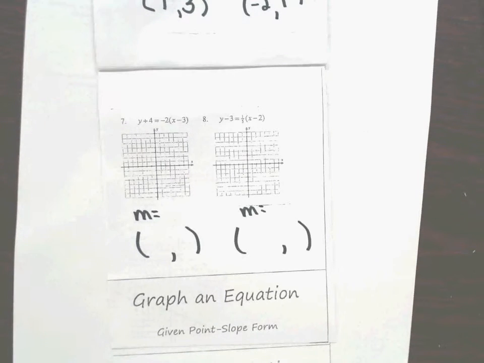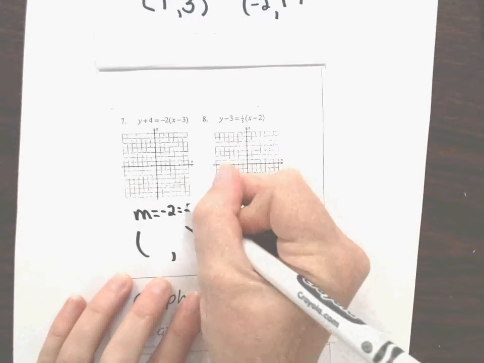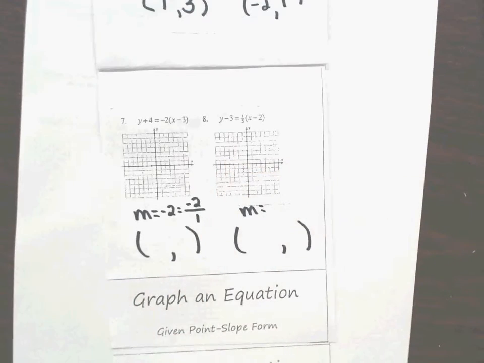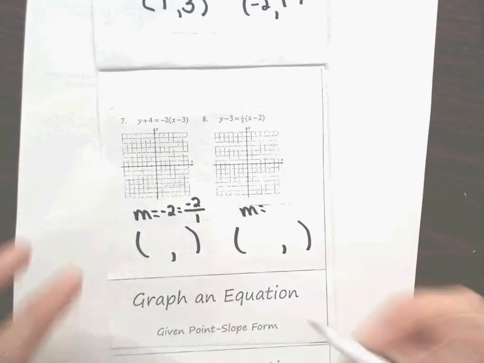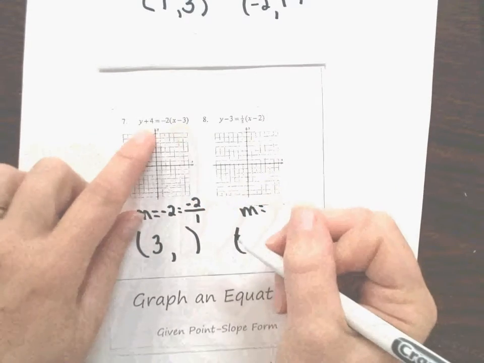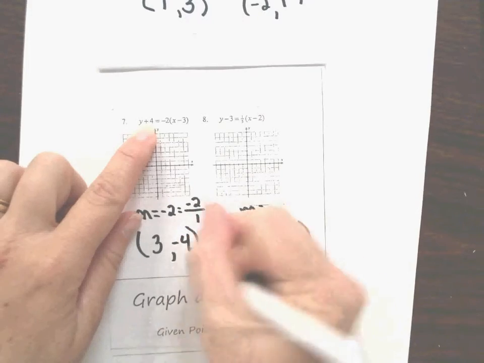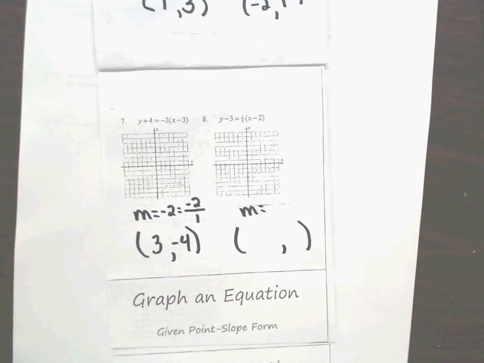Okay, so if we're looking at number 7, my slope should be -2, or if you wanted to put that as -2 over 1, you could. And your ordered pair is the opposite. So the opposite of -3 is 3. The opposite of +4 is -4.